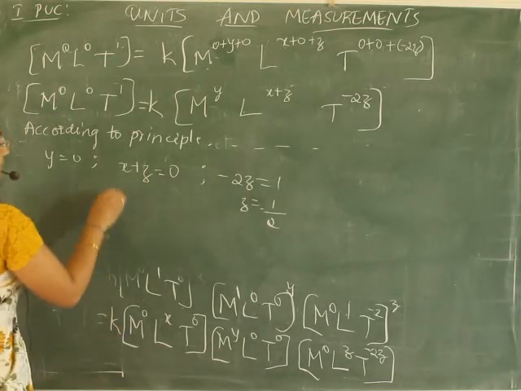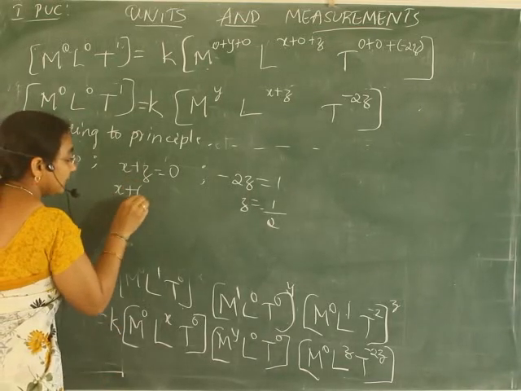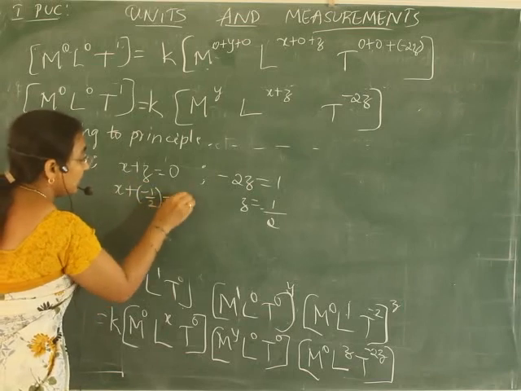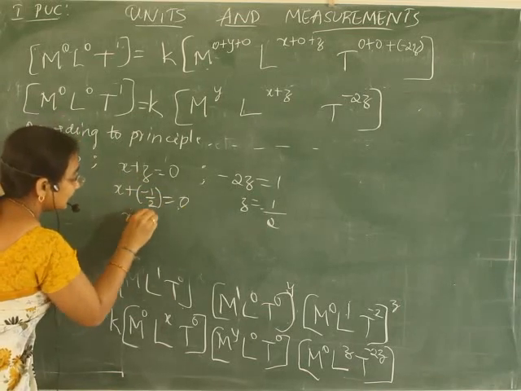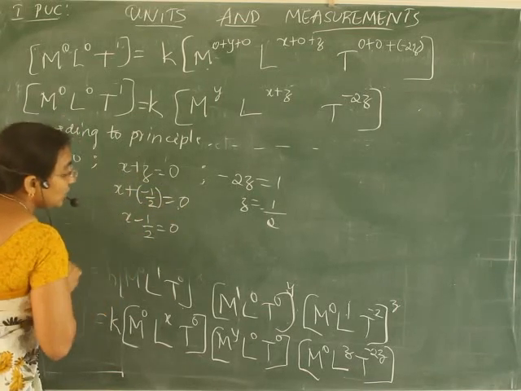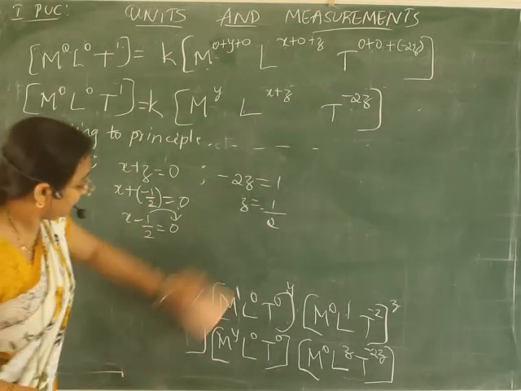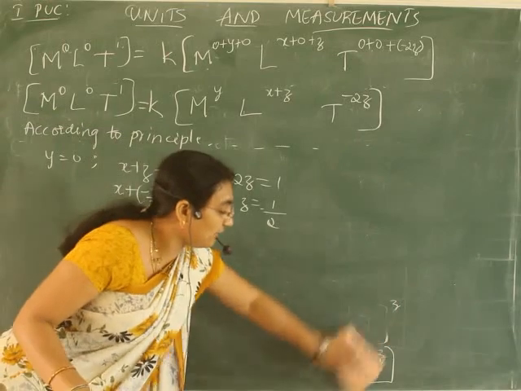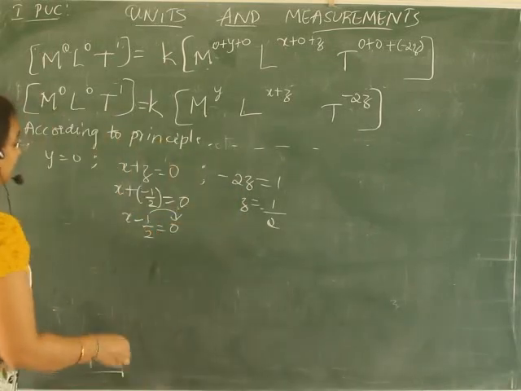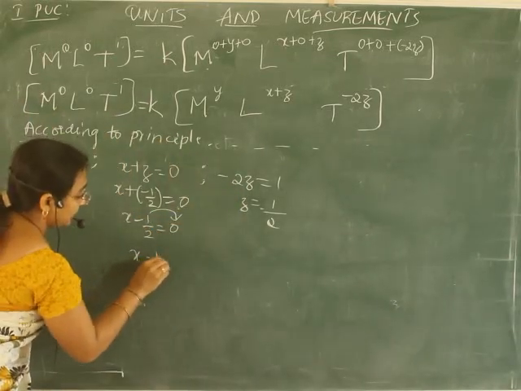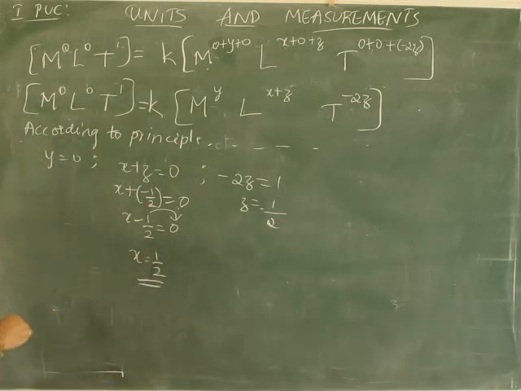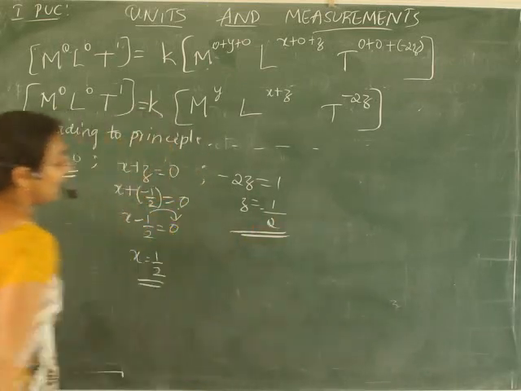If z equal to minus half, then x plus minus half is equal to 0, or x minus half is equal to 0. We'll take half to the other side; minus half will become plus half. Correct? So x is equal to half. Now we got the values: y is equal to 0, x is equal to half, z equal to minus half.